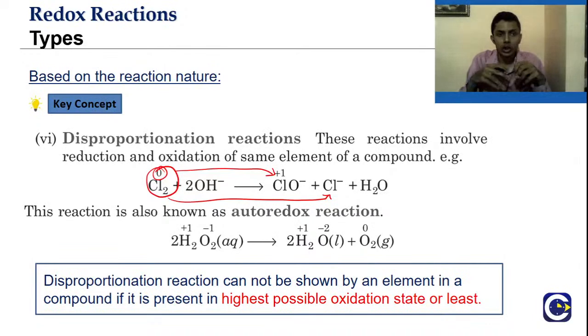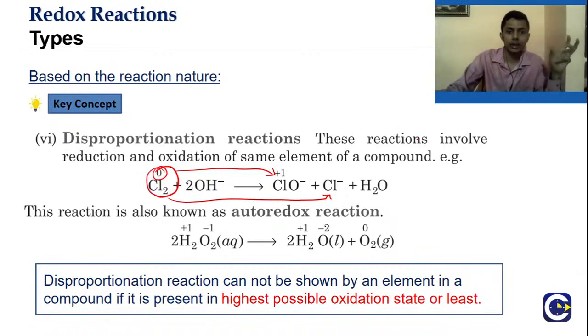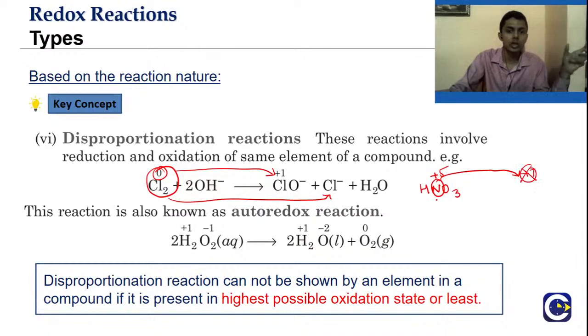Disproportionation reaction cannot be shown by an element in a compound if it is present in the highest possible oxidation state or the least. Let's say if I take HNO3, in this case nitrogen does not have the option to undergo oxidation further because it is already in the +5 state. Do you think it can become +7? No. The maximum possible oxidation state of nitrogen is +5.